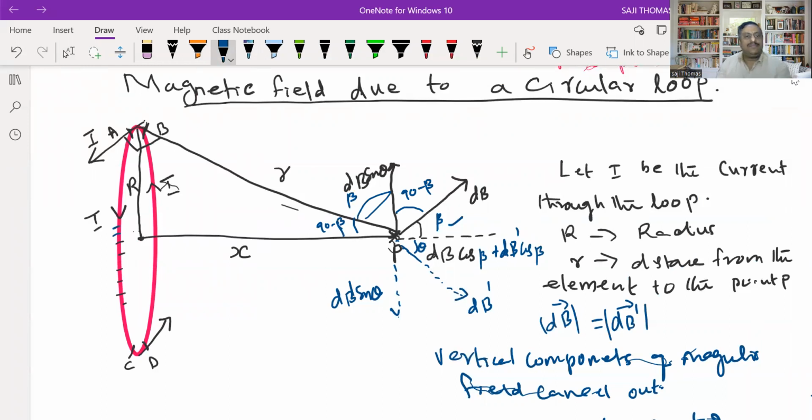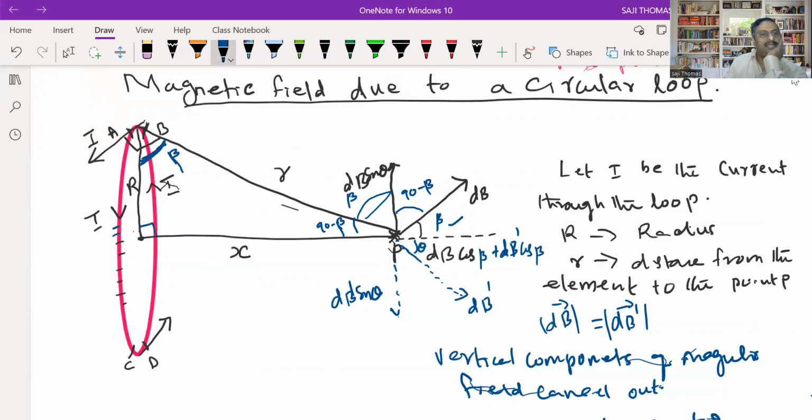From the triangle, you can find cos beta.